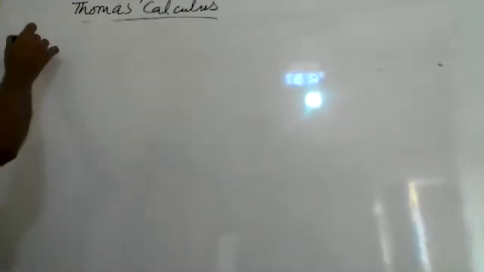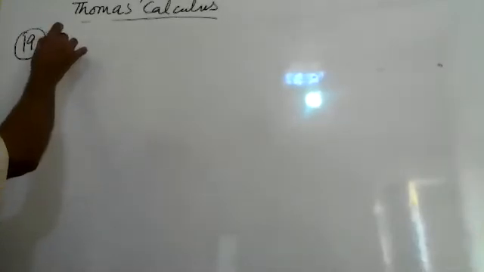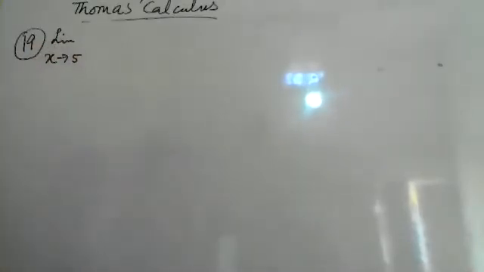Question number 19: limit x tends to 5, x minus 5 upon x square minus 25.